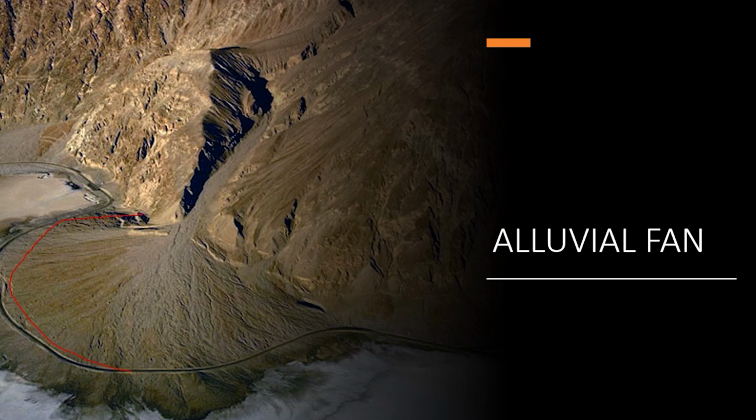As you see this line, it's like a fan, right? Not the electric fan, but the manual fan that you use your hand to swing to create wind. Okay, so here these are the alluvial fans.